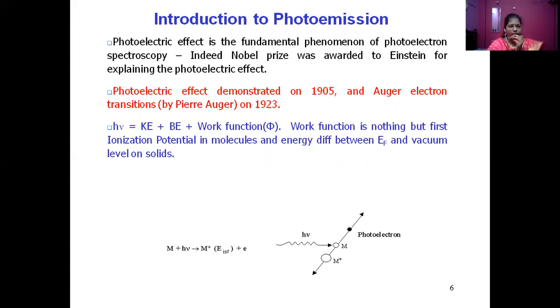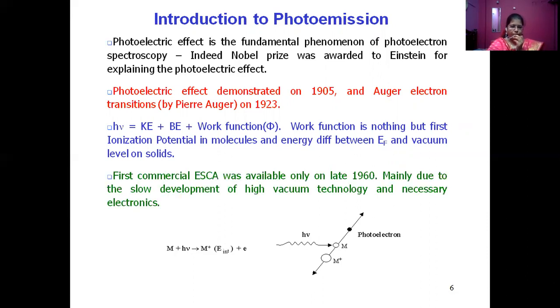We state that h nu is equal to kinetic energy plus binding energy plus work function. Work function is nothing but the first ionization potential in molecules, and the energy difference between EF and the vacuum level in solids. EF is the Fermi energy level.